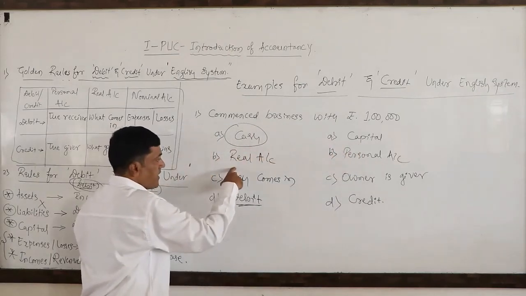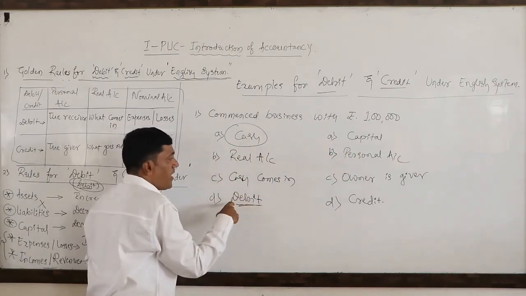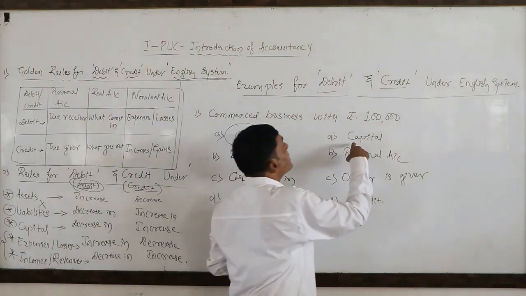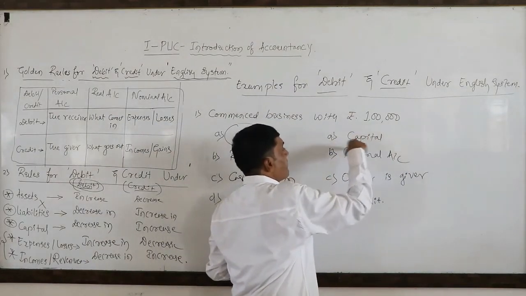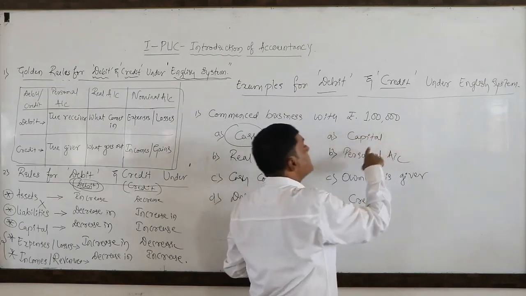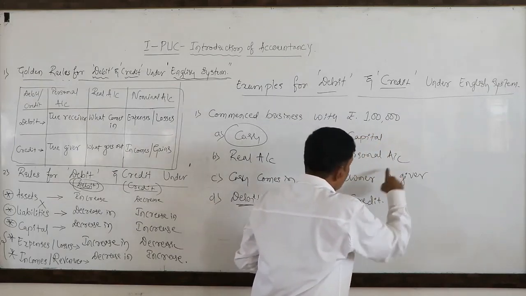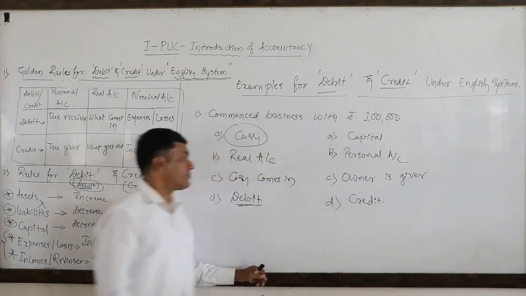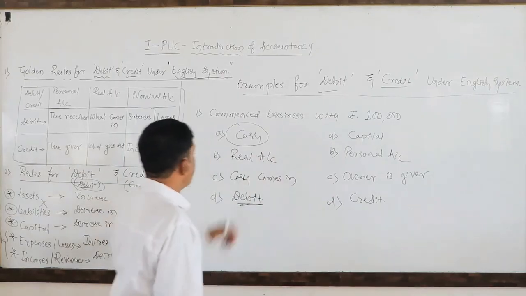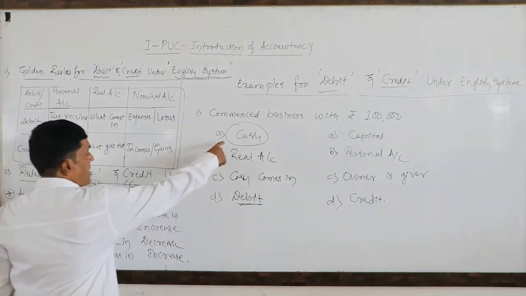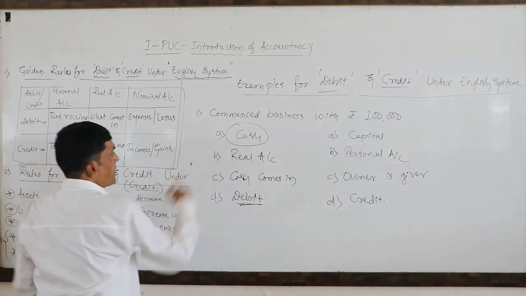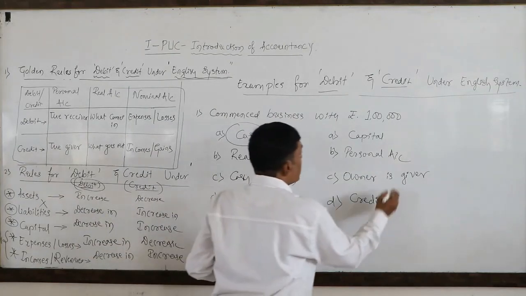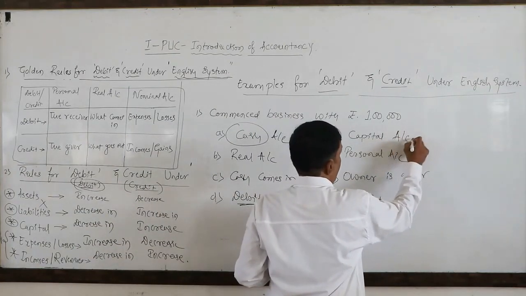Cash comes under the real account, cash comes in, and as per the real account, it is debit. For capital, instead of writing the owner's name, we have written the term capital, which comes under personal account. The owner is the giver, and credit. By studying this example, dear students, debit the cash account and credit the capital account.